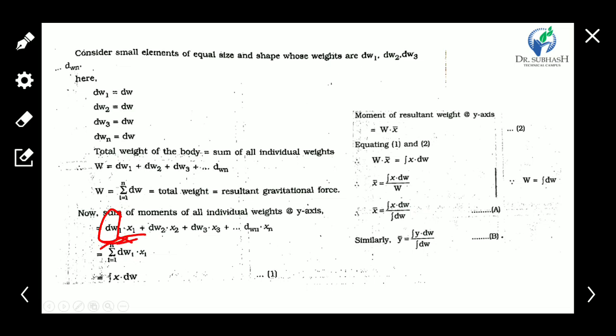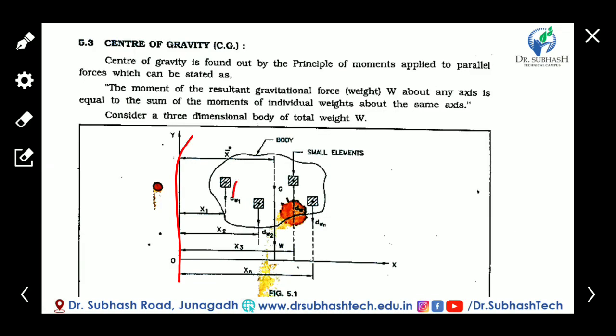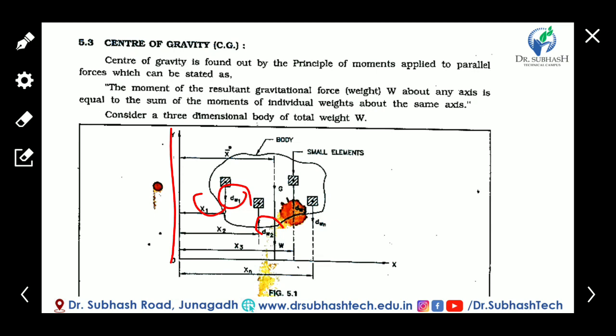It is dW1 x1, where x1 is the distance. The first small weight is dW1, so the moment of this dW1 from the y-axis is dW1 into x1. And the moment of the second element is dW2 into x2, where x2 is the distance from the y-axis to the weight dW2.